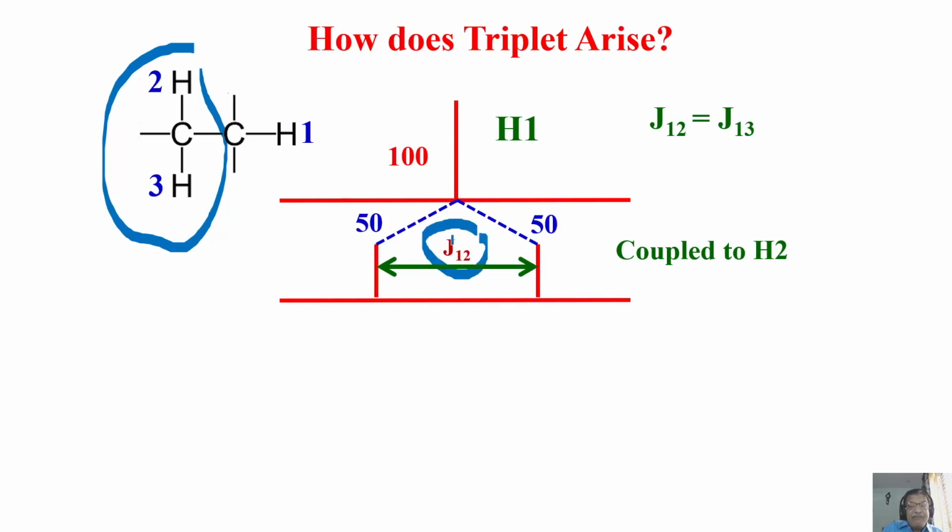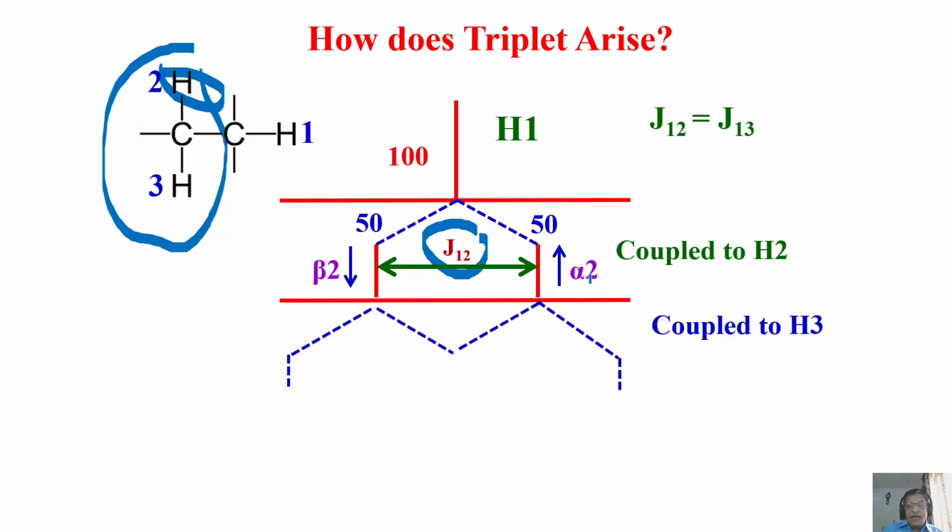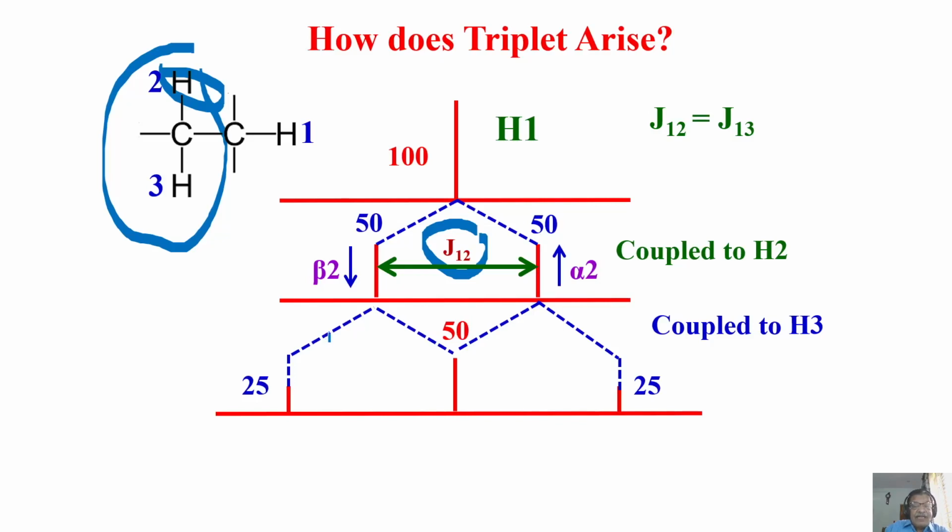Now I will bring in the coupling to proton 3. These are the alpha and beta spin states of proton 2. That's why we have two orientations and a doublet. Proton 3 also undergoes coupling, and each line will become split into a doublet. So what is the intensity?